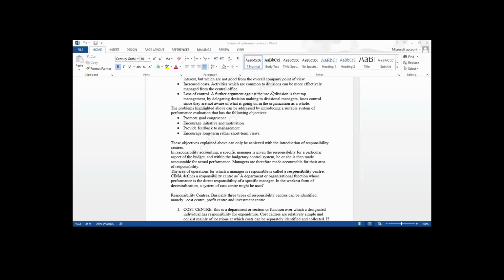If you look at a typical company, you have a head of accounts. That head of accounts is a responsibility accountant. That person heading accounts takes responsibility for all the actions of accounts.